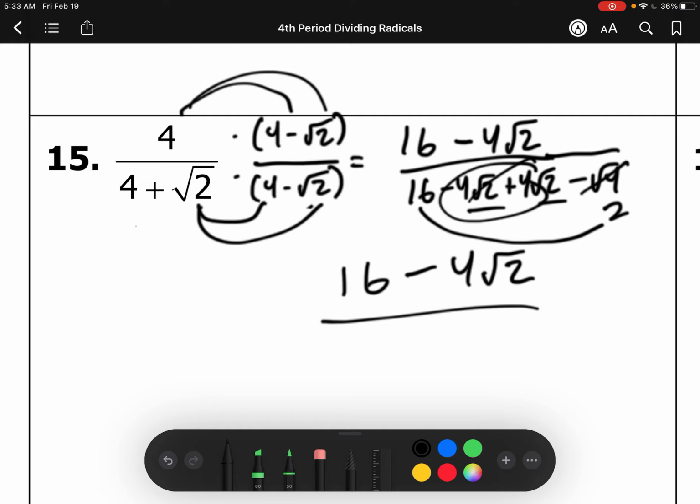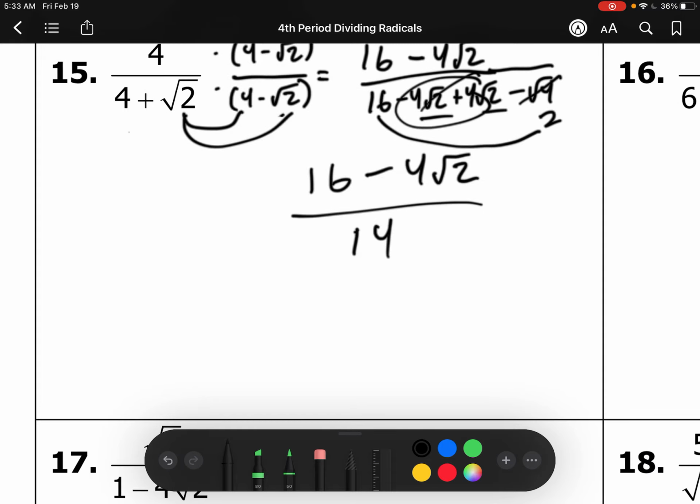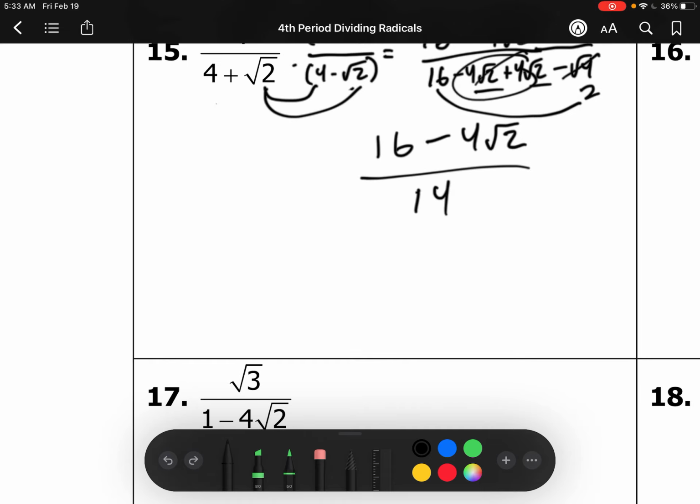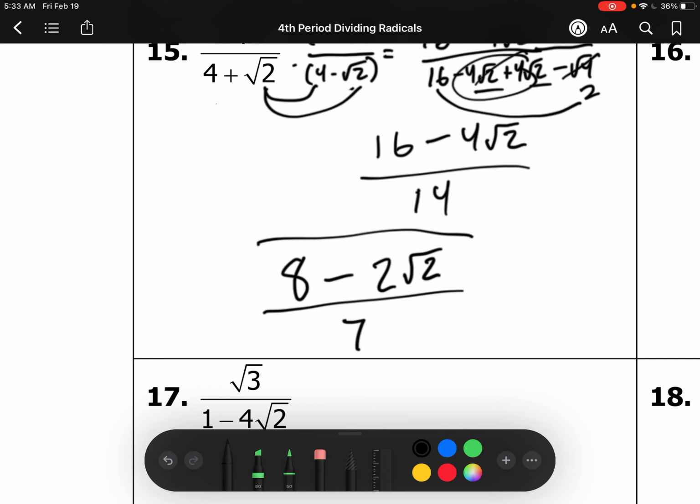And then 16 minus 2 is 14. The 3 coefficients we have here are all evenly divisible by 2, right? So 16 divided by 2 is 8. Minus 4 divided by 2 is 2 times the square root of 2. And then 14 divided by 2 is 7. So that's our final answer.